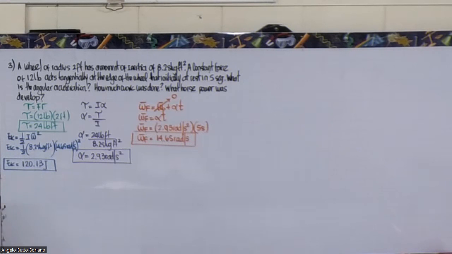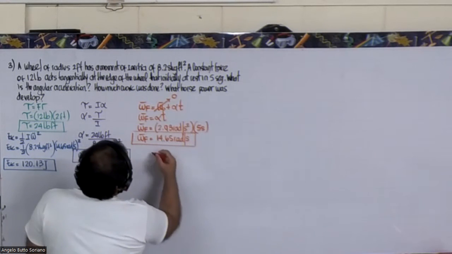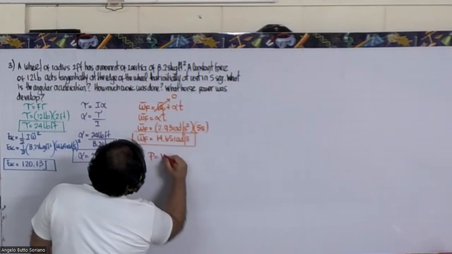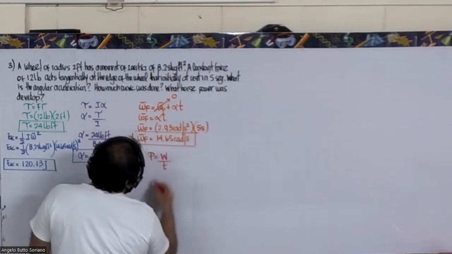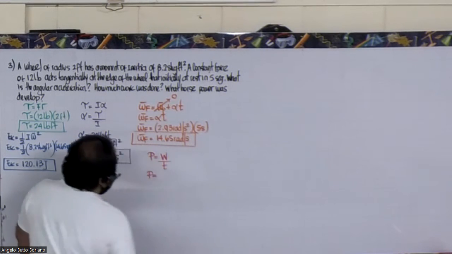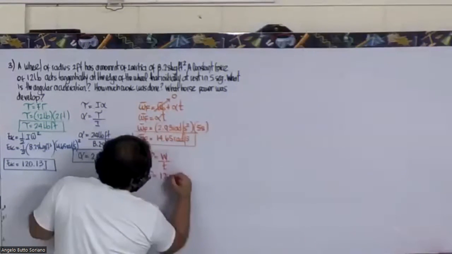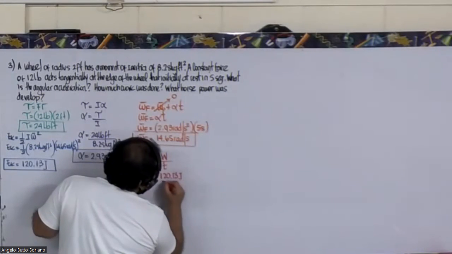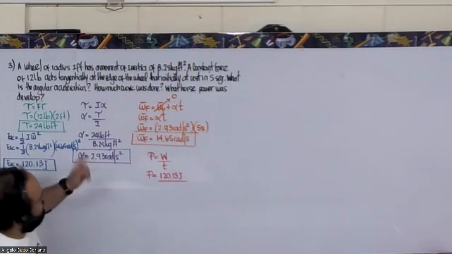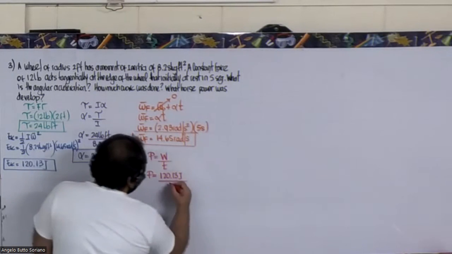And because we are looking for the power, remember, power is given by work divided by time. So the work is 120.13 joules divided by the period of time, 5 seconds.